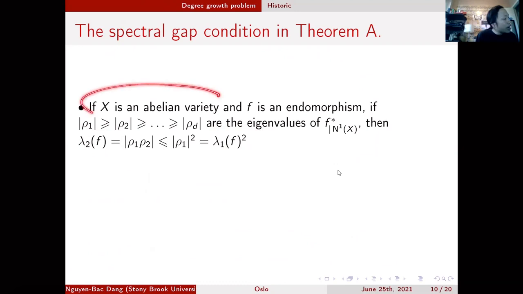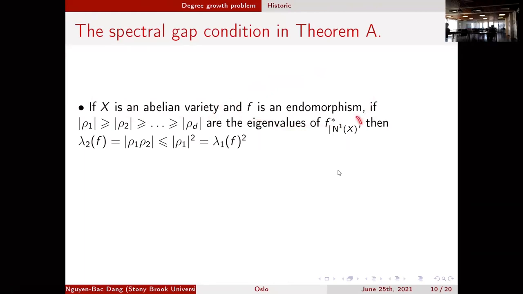Assume X is an abelian variety and F is an endomorphism on X. In the regular case, you understand everything, because you can look at the eigenvalues of the pullback of F on the space of divisors, and if you order the eigenvalues by their norms, then lambda 1 square is basically rho 1 square, and lambda 2 is rho 1 rho 2.